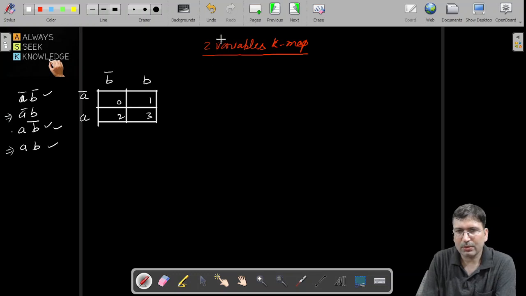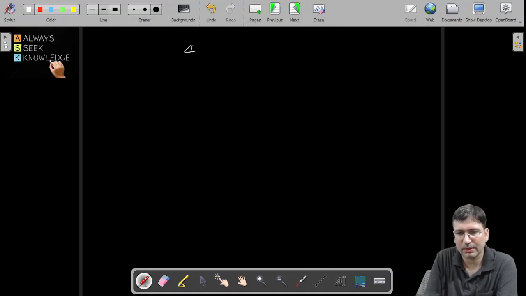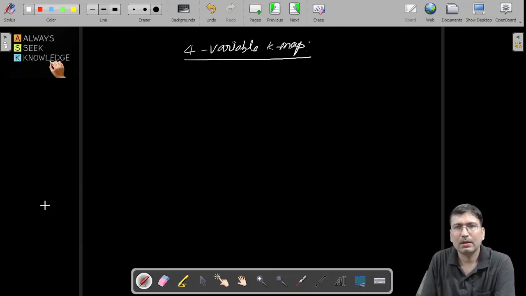Now if you try to draw the 3 variable K-map, we have already seen, draw the 4 variable K-map. 4 variable will have 16 different combinations in truth table.